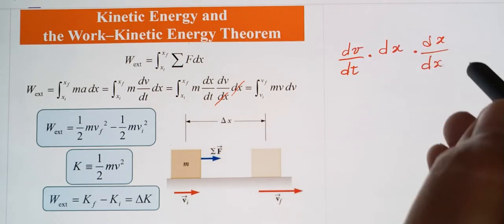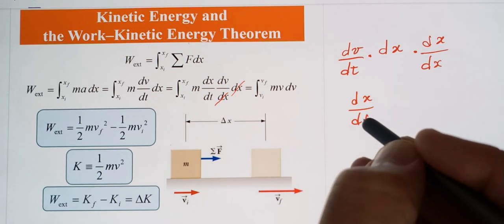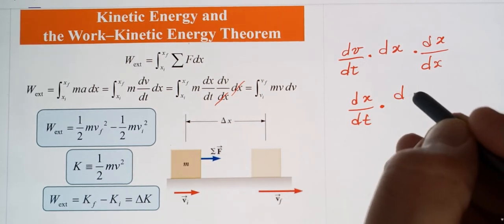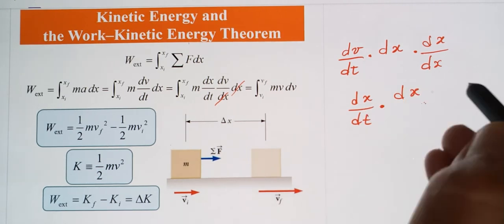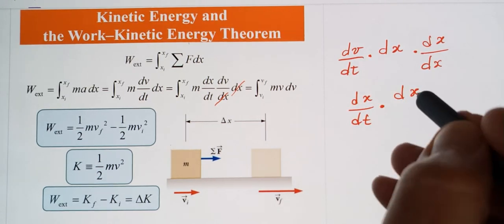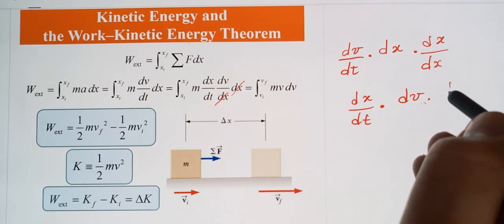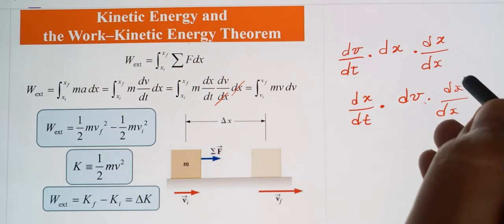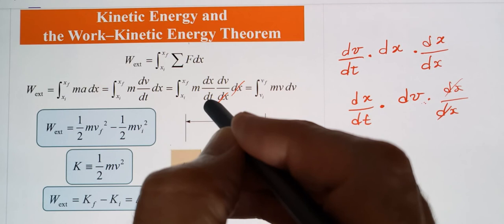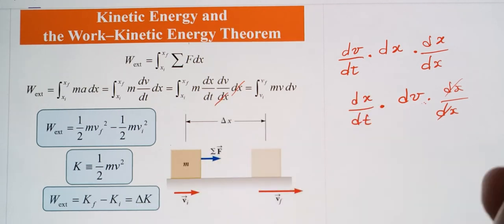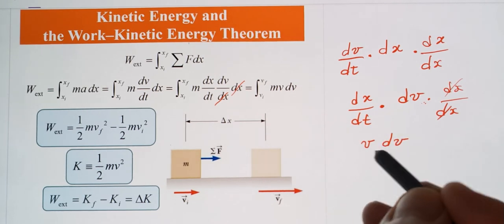Now let's rearrange it. So it becomes dx over dt multiplied by dx multiplied by dv, and dx will go with dx. So we end up with dx over dt dv, and we return it back to its original value, so it becomes v dv.